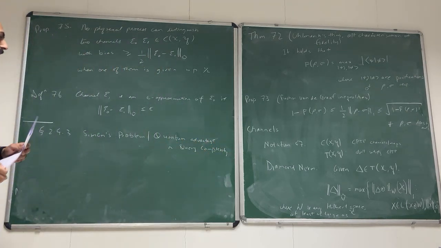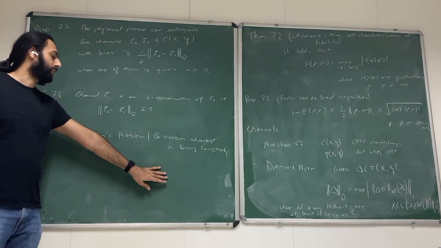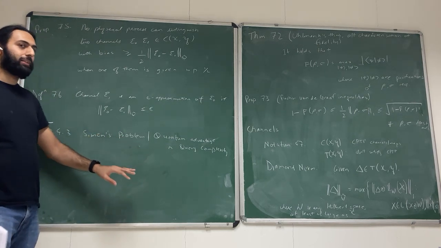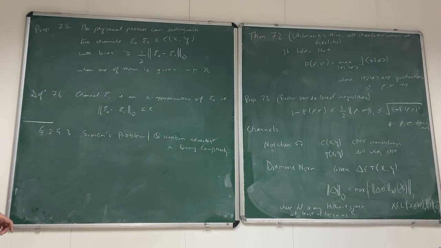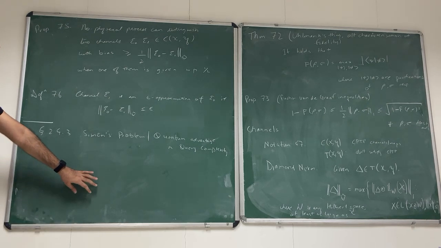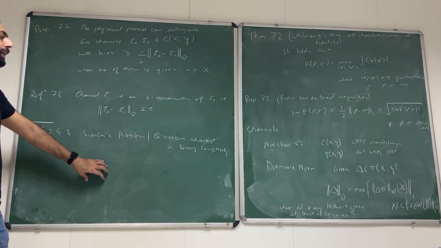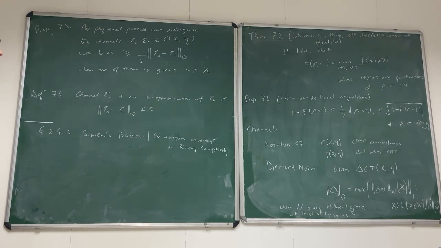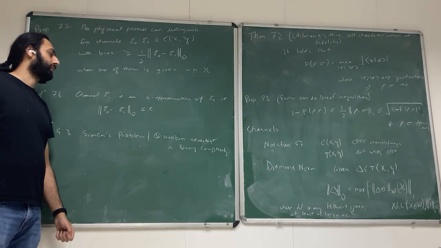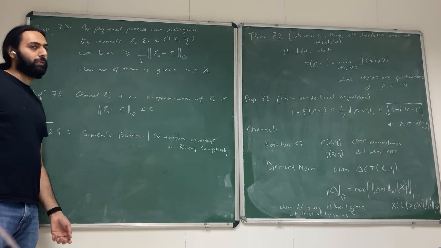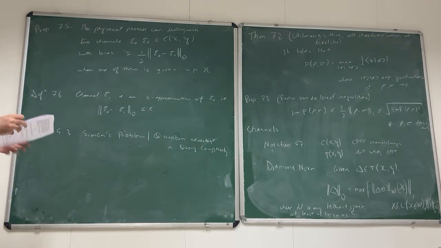Query complexity is basically just saying that suppose you have black box access to a function, so the only way you can access any information about the function is by querying the black box at different values, and you can ask, can you get an advantage in the quantum setting versus the classical setting?